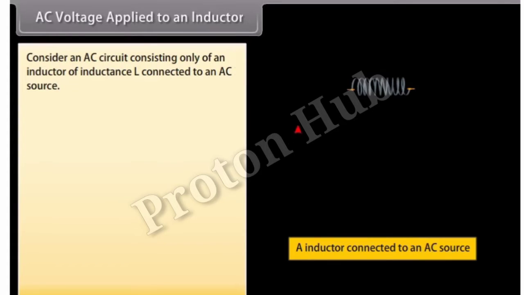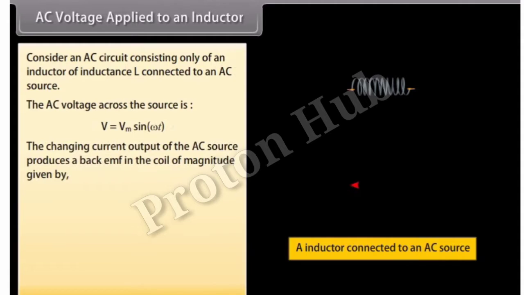AC voltage applied to an inductor. Consider an AC circuit consisting only of an inductor of inductance L connected to an AC source. The AC voltage across the source is equal to Vm sin omega t.